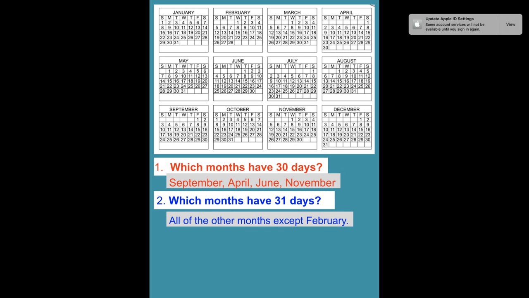All of the other months except for February. So you should have gone through and listed them all. January, March, May, July, August, October, and December.